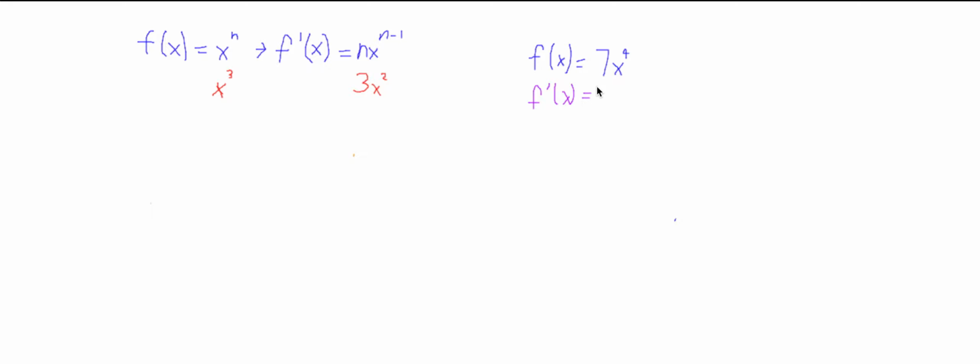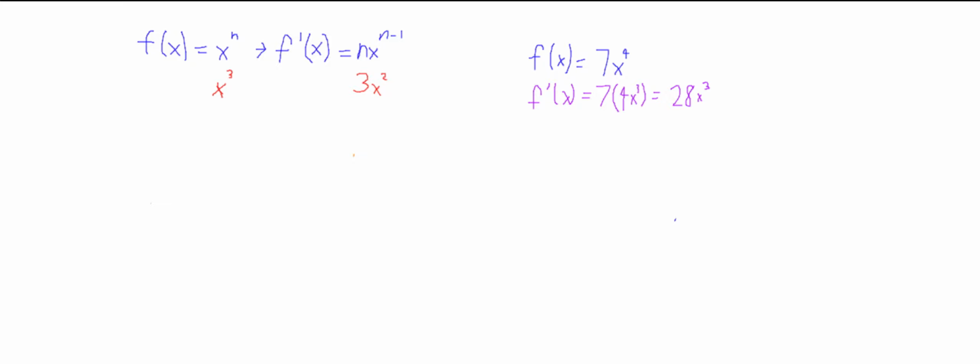So this can be rewritten as 7 times 4x cubed. And then if you multiply 7 and 4x cubed, you get 28x cubed. So this is how we use the power rule here.